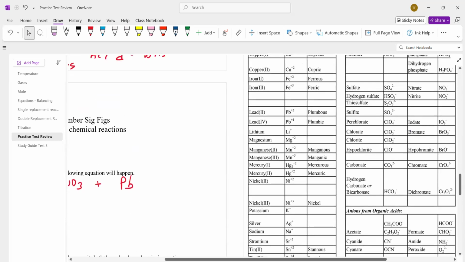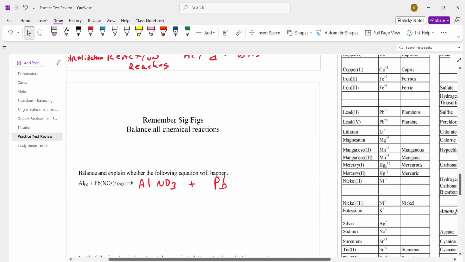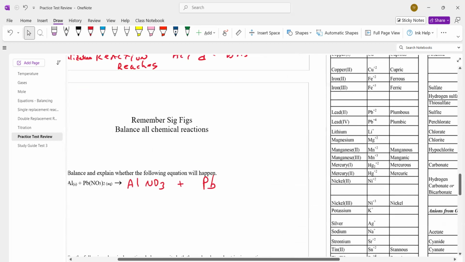Lead comes two ways. So which one is it? 2 or 4? How many nitrates are there? 2. And each nitrate is -1. So -1 plus -1 is -2. So that means that one lead is +2. So that's lead 2.